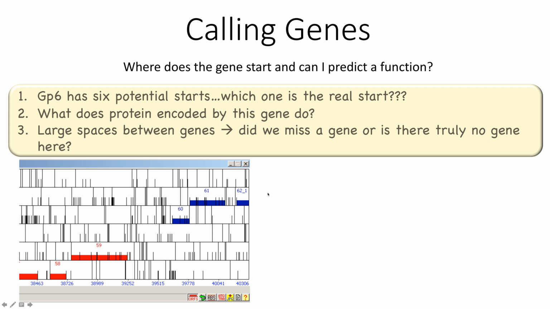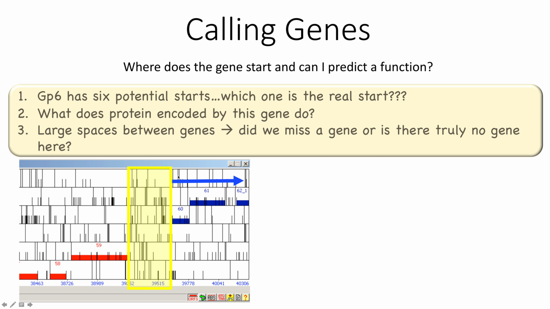So here's an example in the Sansa genome where GP59 is a reverse gene and GP60 is a forward gene, and then there's this huge gap in between GP60 and 59. Now, are there regulatory sequences in here, and so there's no place for a gene, or did the computer program miss perhaps calling a gene here or a gene here? That's something we have to determine.